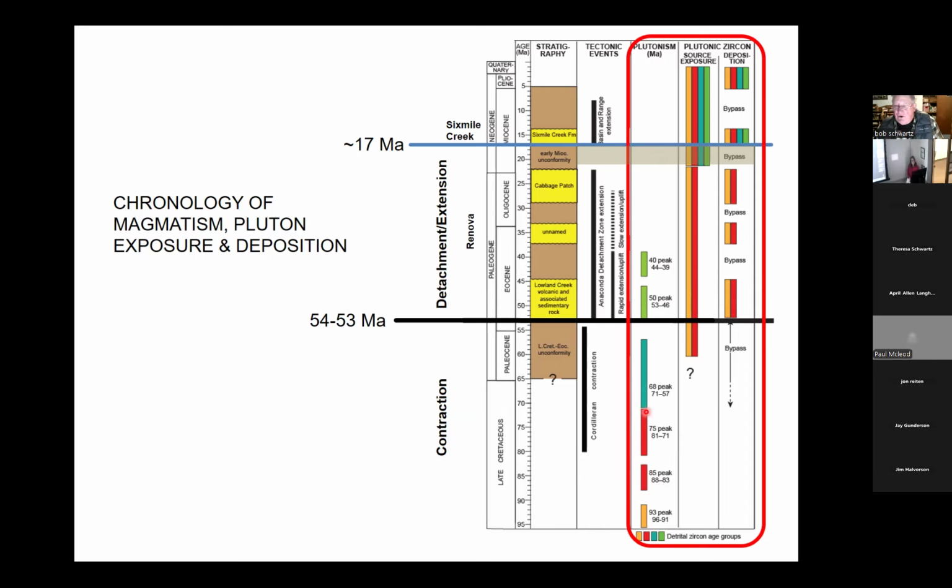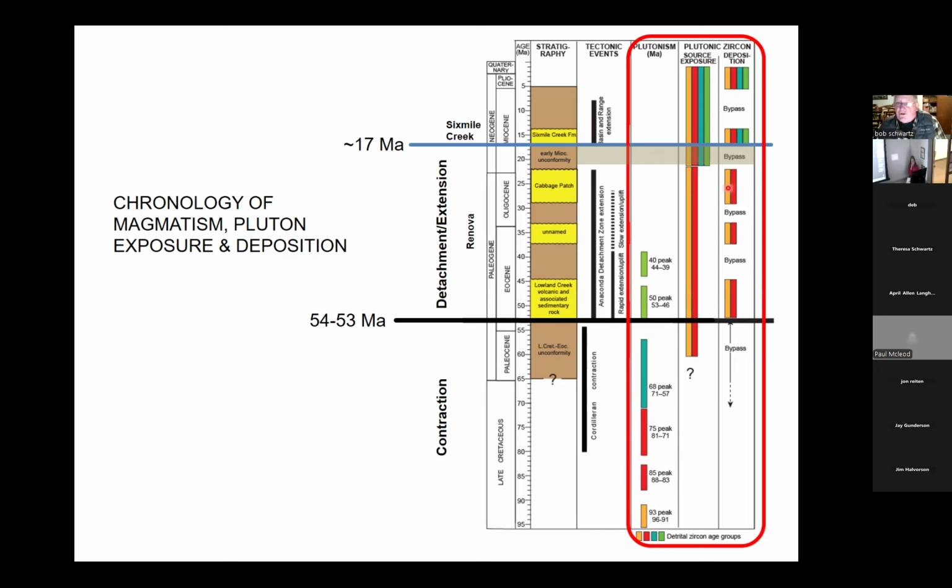So during Renova time, we're only getting older crystallization ages from earlier thermal and magmatic events. Those rocks made it to the surface and are being eroded and deposited into the Renova basins.